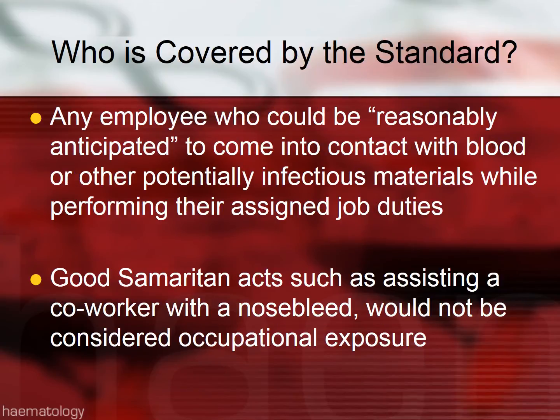So who's covered by the standard? And this is where you get into who do you train, who don't you train. Any employee who could be reasonably anticipated to come in contact. And so would a person or would not a person come in contact with it? This is something that you're going to have to determine, because if an employee is working next to another employee and that person's hurt, typically they work alongside each other all day.